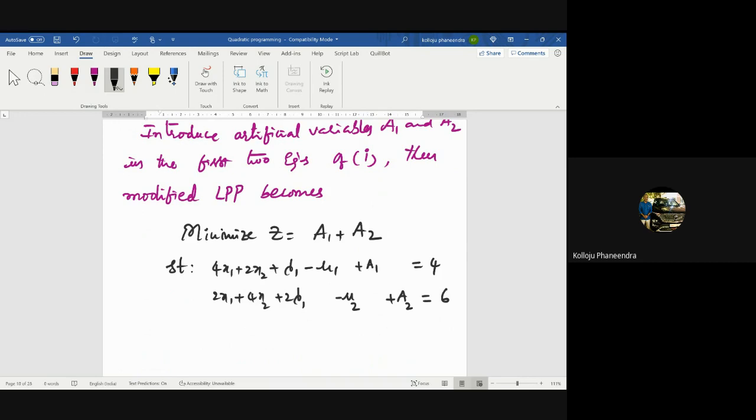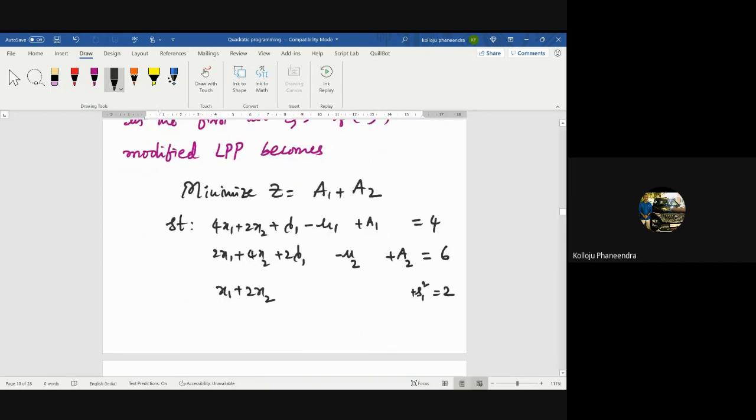And what is the next constraint? The given constraint: x1 plus 2x2 plus s1 square equal to 2.